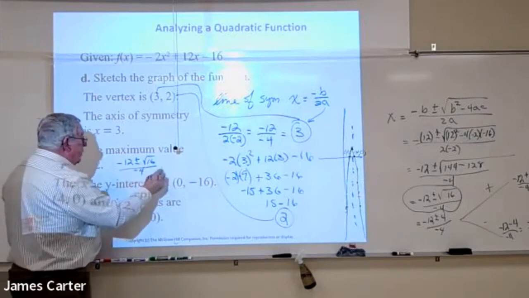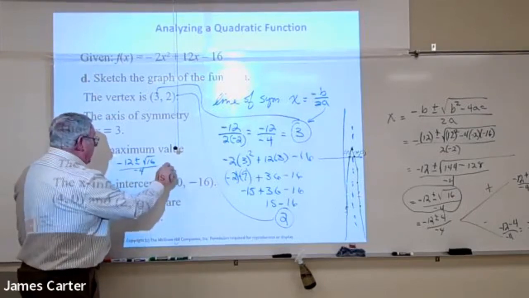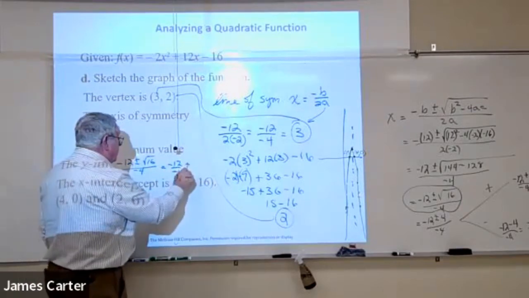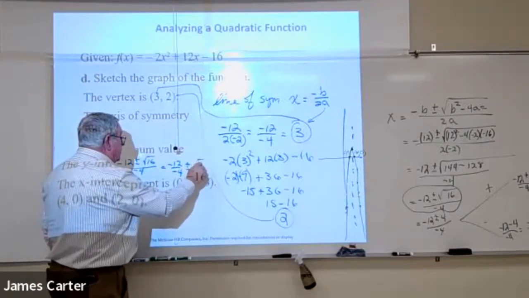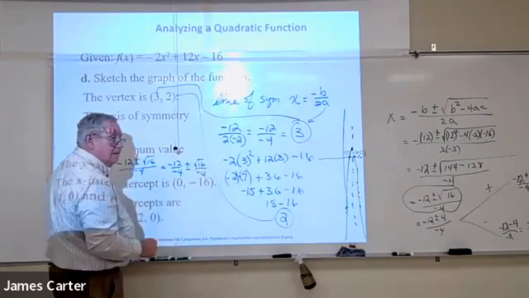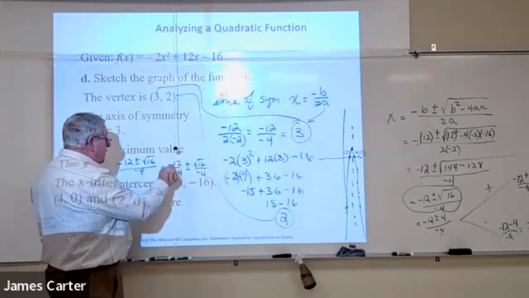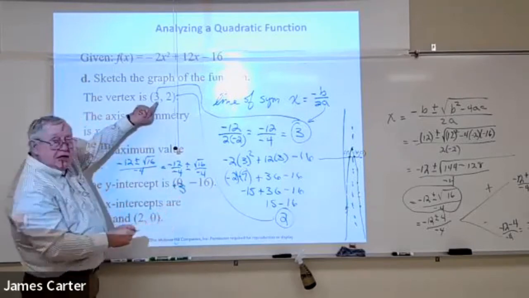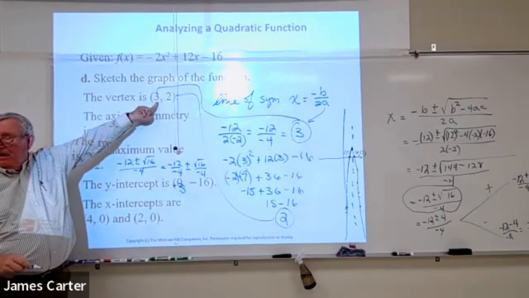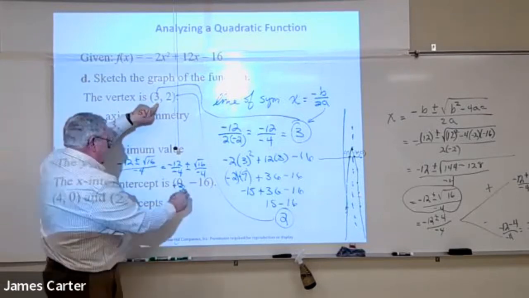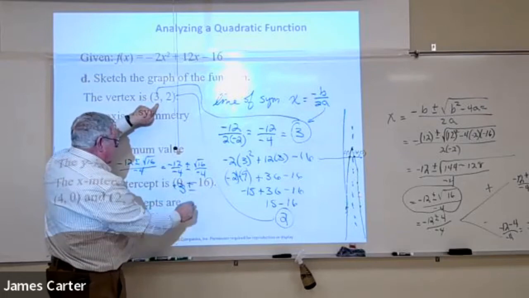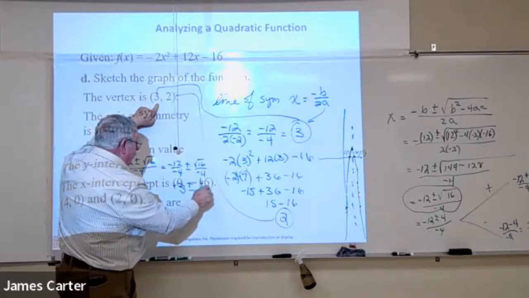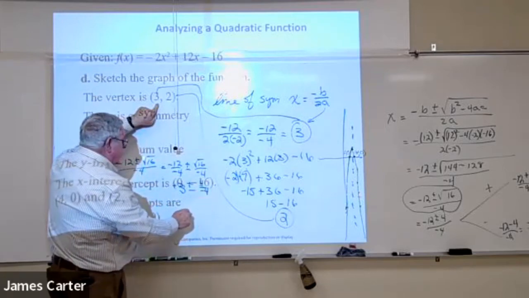I can split this up, and I get negative 12 over negative 4 plus or minus the square root of 16 over negative 4, right? This gives me positive 3. Ding! Plus or minus, in this case, 4 over negative 4.